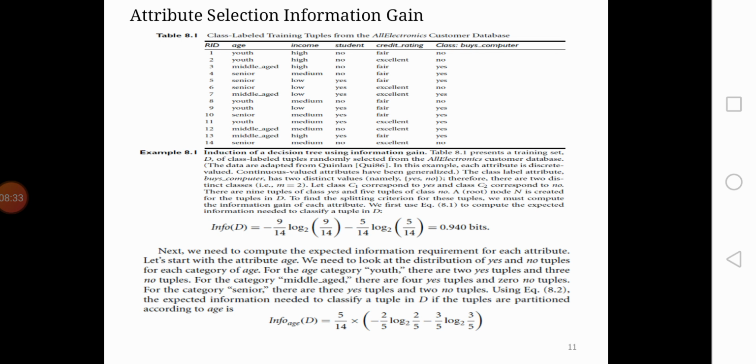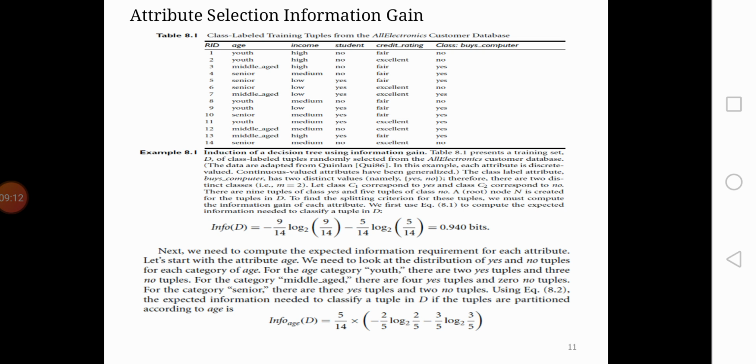To find the splitting criterion for these tuples, we must compute the information gain of each attribute. Initially we consider the first equation: Info(D) equals minus summation of i equals 1 to m of pi log2 of pi. This is the first formula we use to compute the expected information needed to classify a tuple in D. Here Info(D) equals minus 9 by 14 log2 of 9 by 14 minus 5 by 14 log2 of 5 by 14, which gives 0.940 bits.